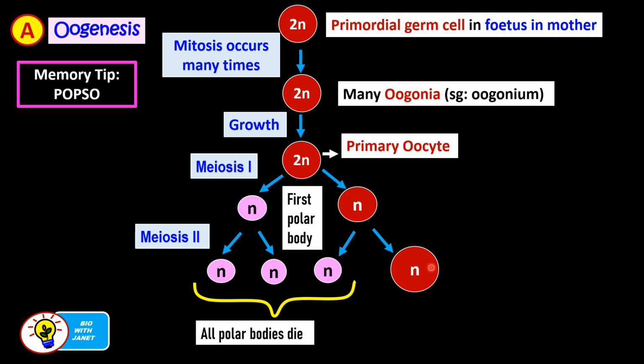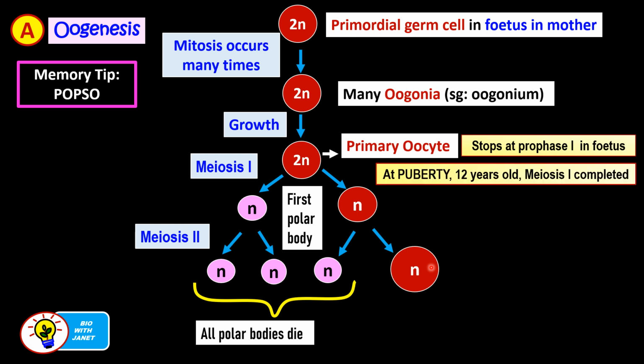Next, the follicle is stimulated to grow by a hormone called FSH, or follicle stimulating hormone. The primary oocyte in the fetus now undergoes meiosis 1, but the process stops at prophase 1 during the development of the fetus. The primary oocyte will be at the stage of prophase 1 of meiosis when the baby is born.